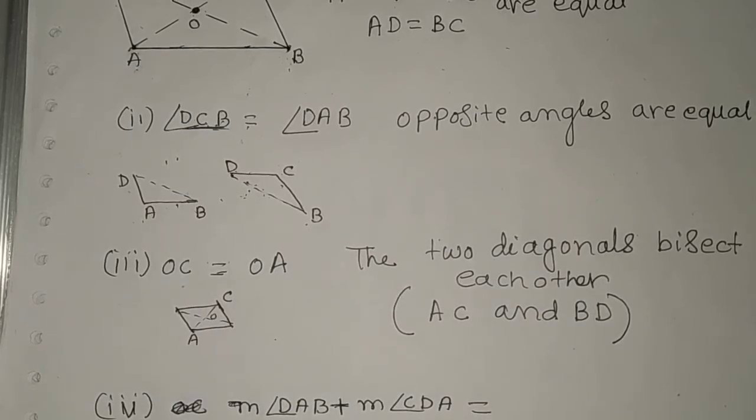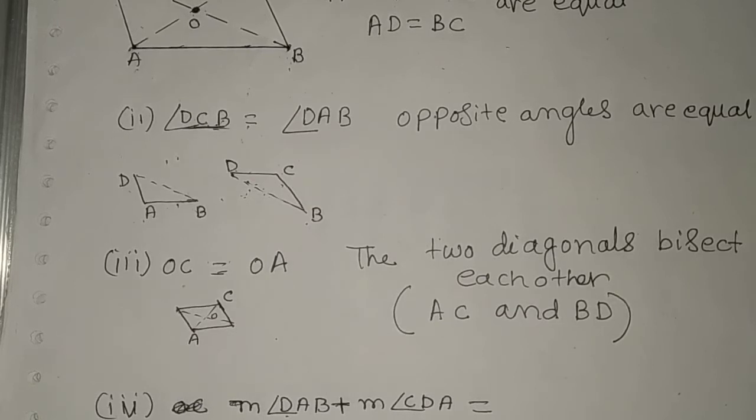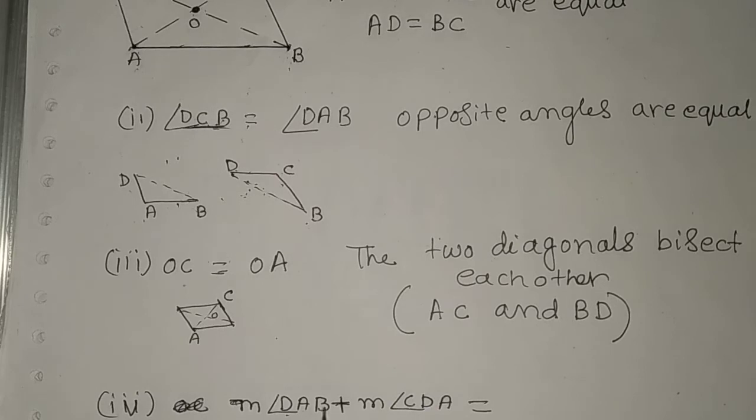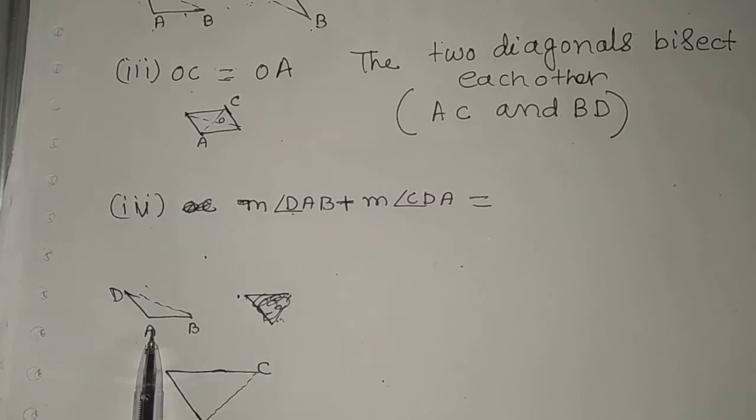Now we move on to the fourth one. They have given two angles, angle DAB and angle CDA, taken from the figure.